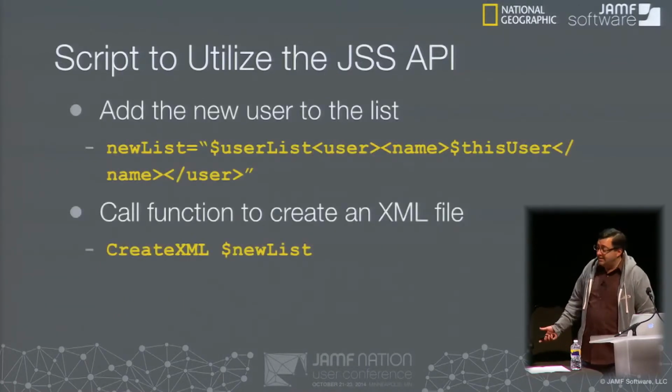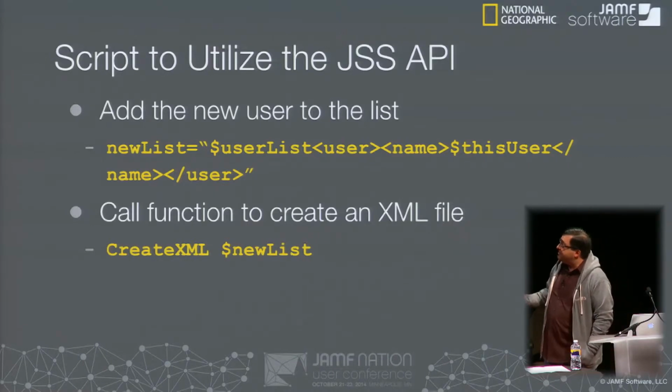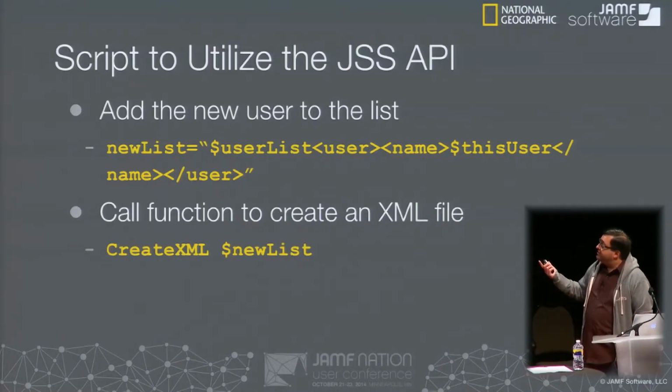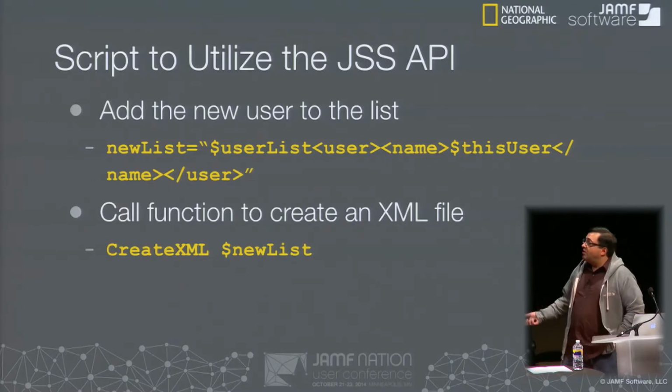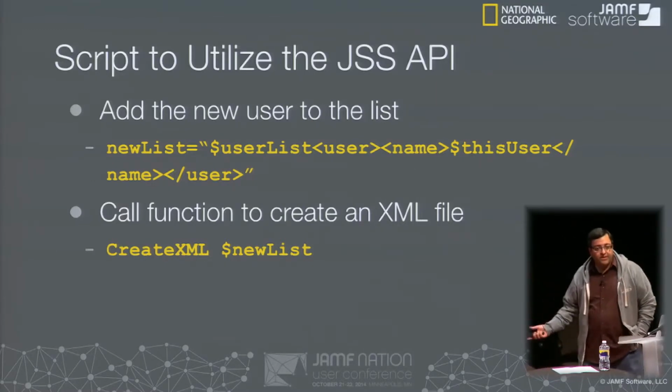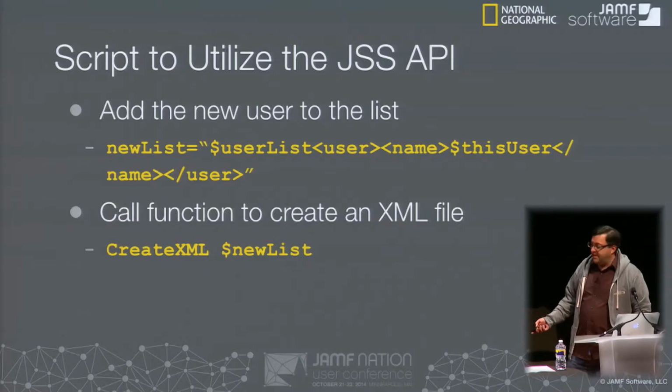So now we've got to add our new user to that list. We set the new list to the list that we had, and then we add the new user. Here we're providing the XML tags that need to wrap around the username and passing in our test user. And then we call a function to actually write out the XML to the file.